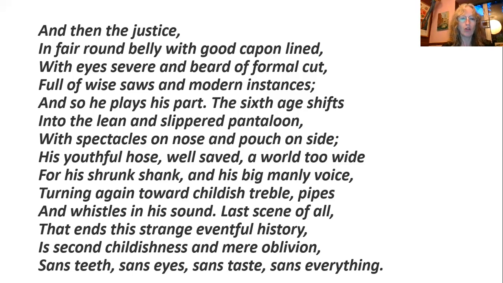His youthful hose well saved, a world too wide for his shrunk shank, and his big manly voice turning again towards childish treble, pipes and whistles in his sound. Last scene of all, that ends this strange eventful history, is second childishness and mere oblivion. Sans teeth, sans eyes, sans taste, sans everything.